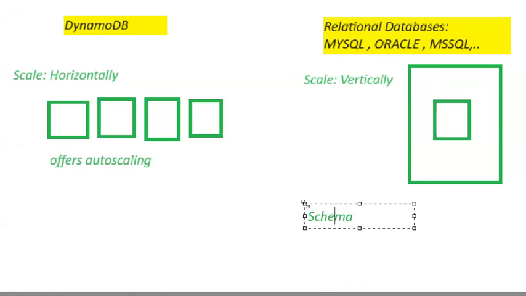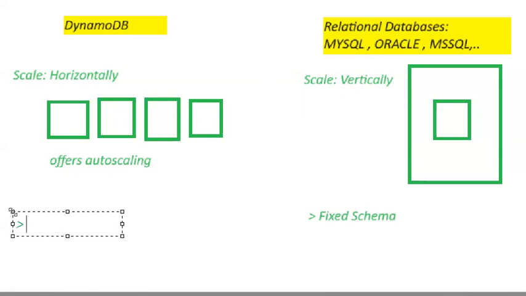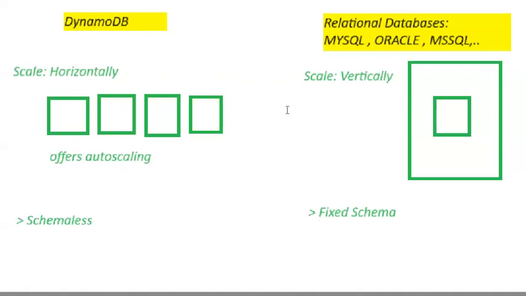If you see DynamoDB, we can hold variable schema data, that is, schemaless data also. So these two are the main advantages of DynamoDB compared to relational databases.